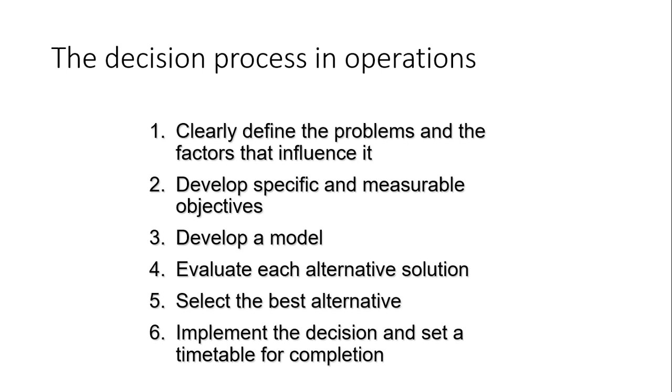But first, you must develop specific and measurable objectives, like maximization of profit or minimization of cost, in order to know if you have achieved your objective or not. So it must be a measurable one.